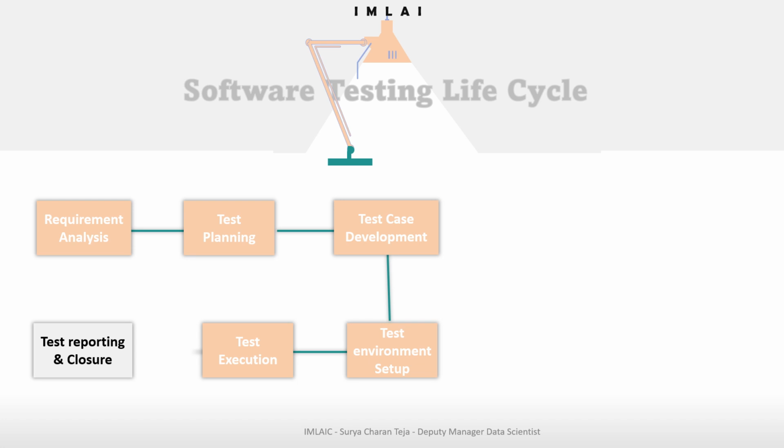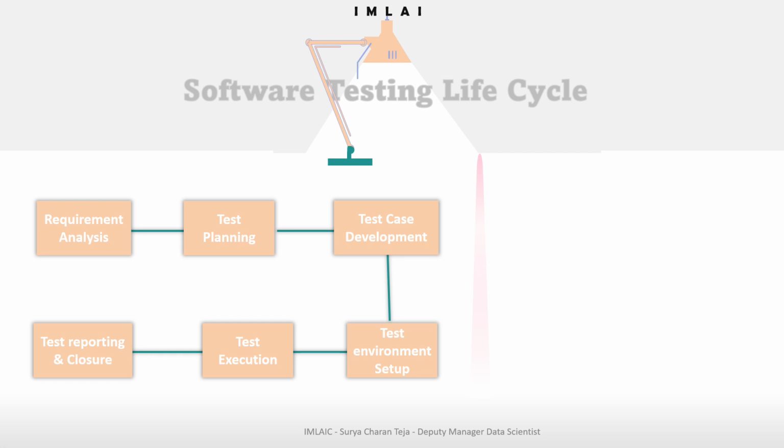Once execution of test cases is done and the quality gates you set up are also passed, it's time to create a complete test report. You have to manually create a test report. In addition to that, the tool that we use will also give a complete set of the tests you have done and their results, and finally we close it. This is how your software testing life cycle works.